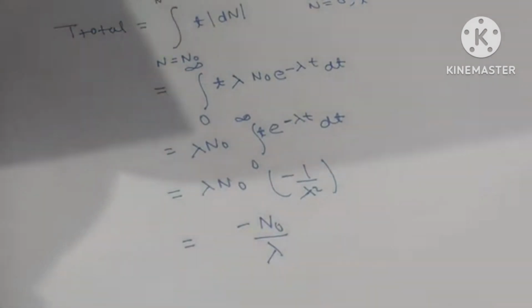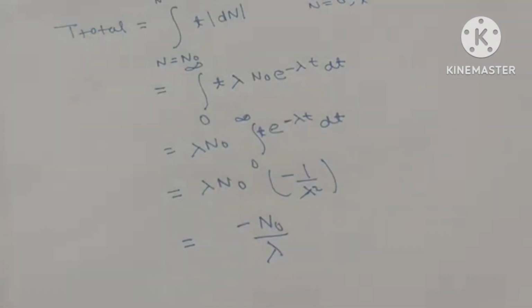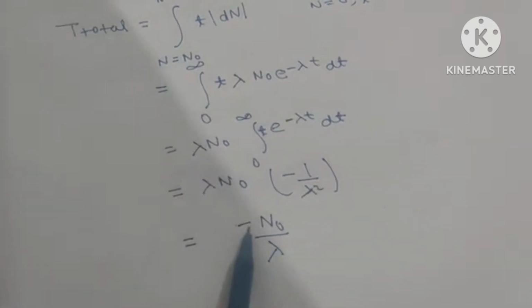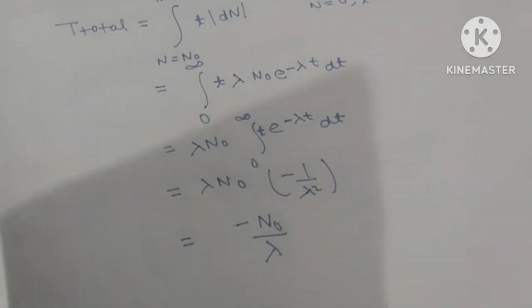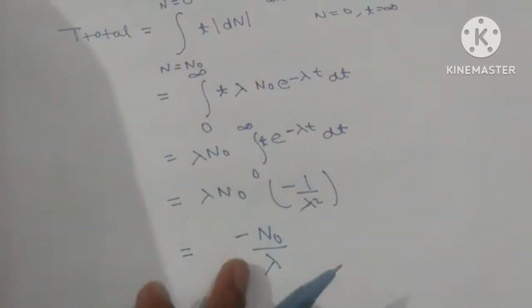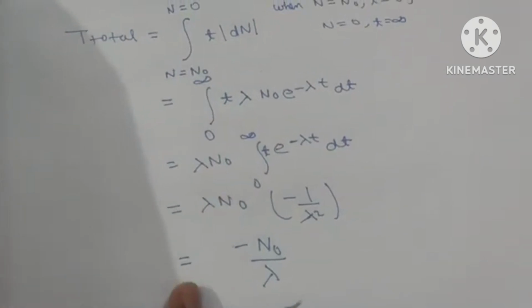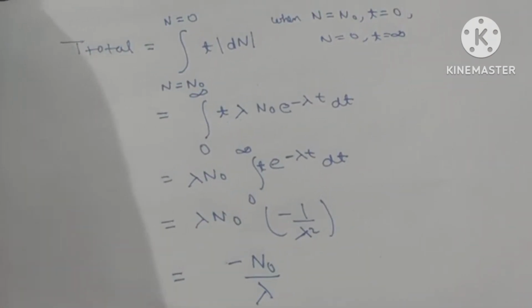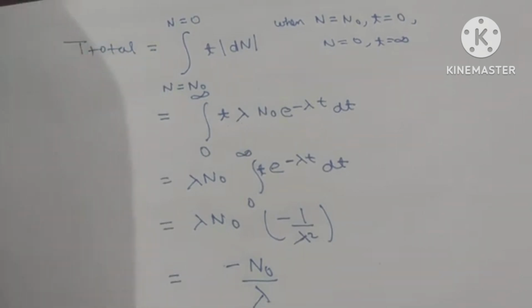So there is a mistake I have done. So let's check the mistake, because we are left with a negative sign. So where is the mistake? Let's see.